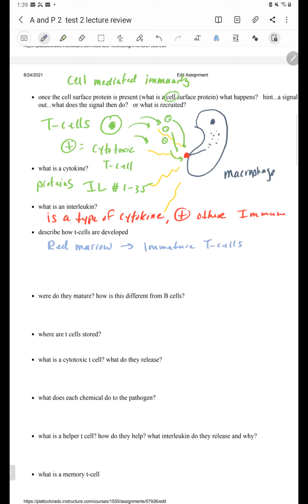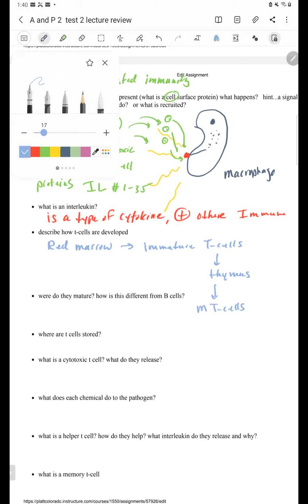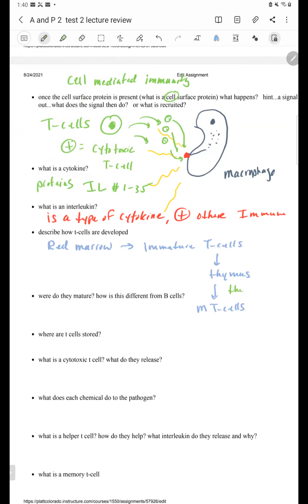Then they migrate to the thymus, where they mature into T cells. So we'll say M for mature T cells because of thymosin, the hormone that's released from the thymus.